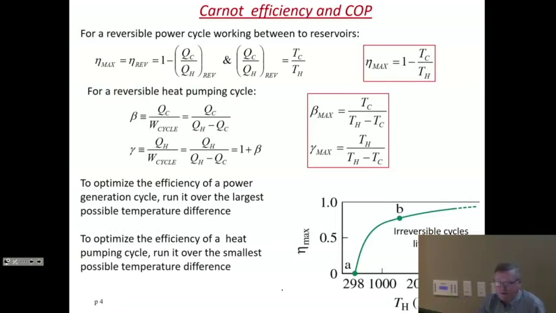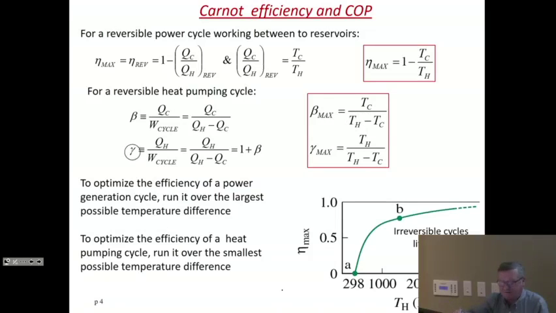Now, if we apply the same thing for a heat pumping cycle, and we look at the coefficient of performance in cooling, which is the amount of cooling heat that you get for the amount of work that you put in, it's QC over Q hot minus QC. You operate the same little transformation of variable, and you know that beta max, the maximum coefficient of performance in cooling, is TC over T hot minus TC.